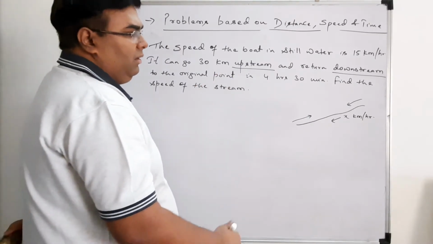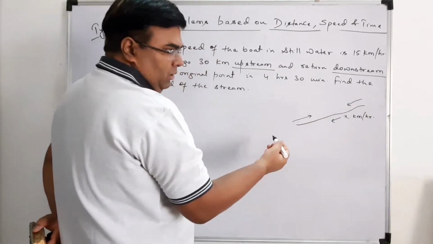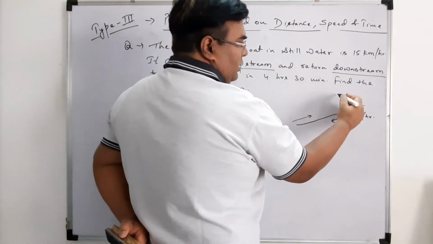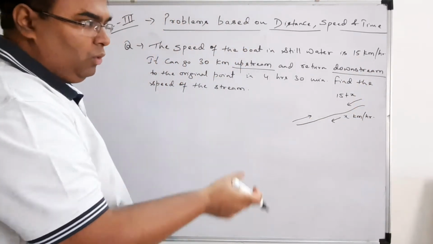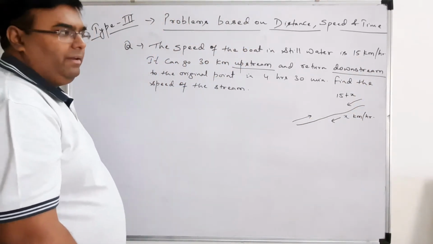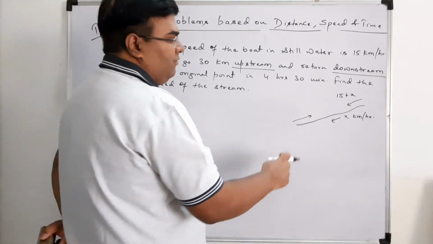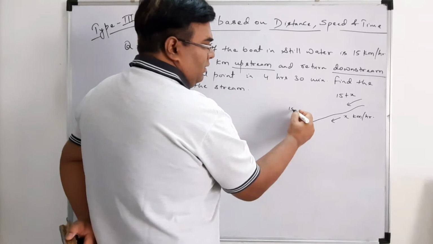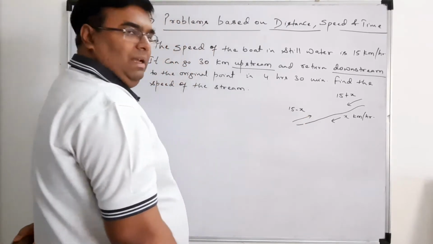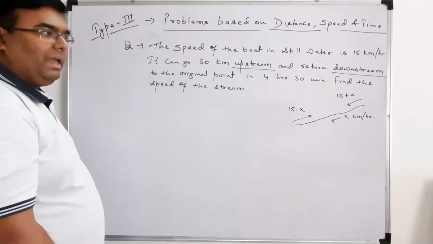So when the boat is coming down, its speed will be original plus the stream speed. Both the speeds get added here, right? And if the boat is going upward, its speed will decrease by x.